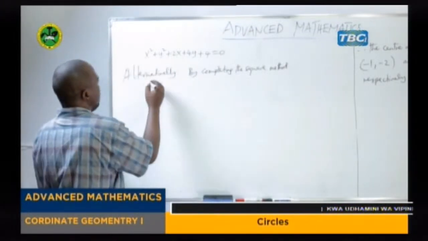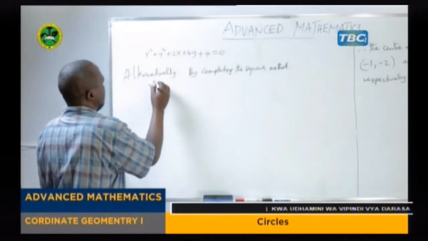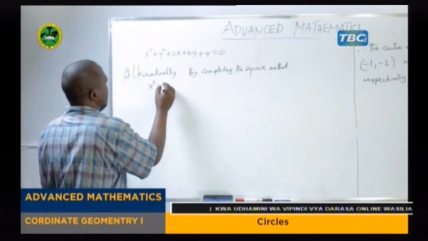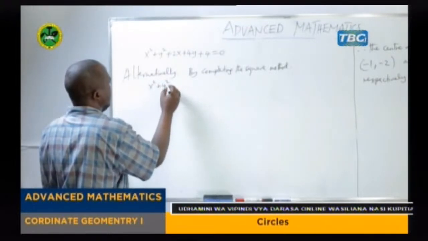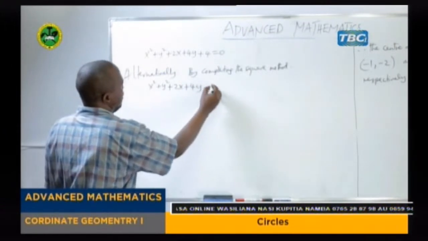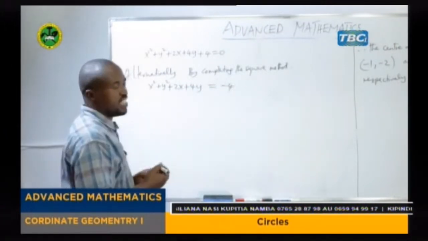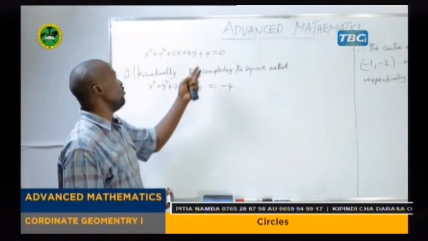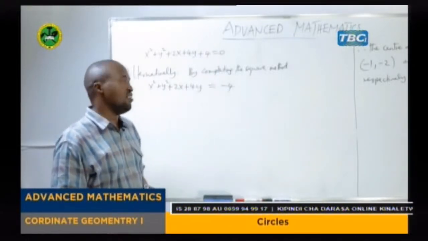So we have x squared plus y squared plus 2x plus 4y is equal to negative 4. We just shift 4 to our right hand side.